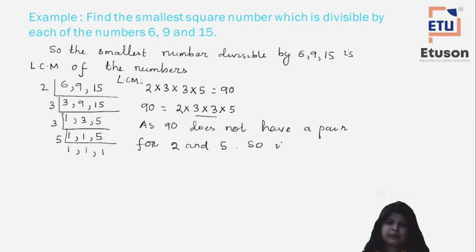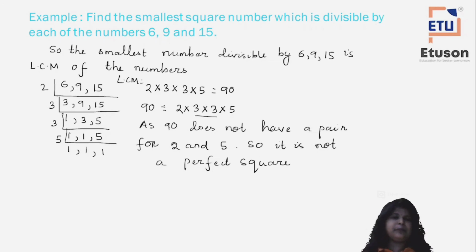So it is not a perfect square. Correct? So now what should you multiply to this number so that it will be a perfect square?